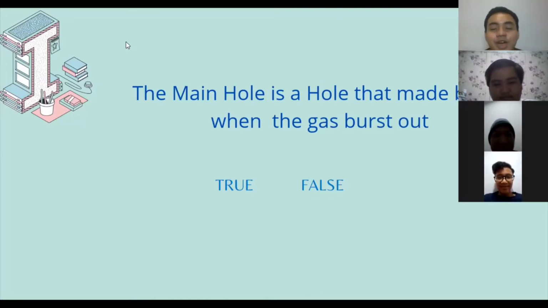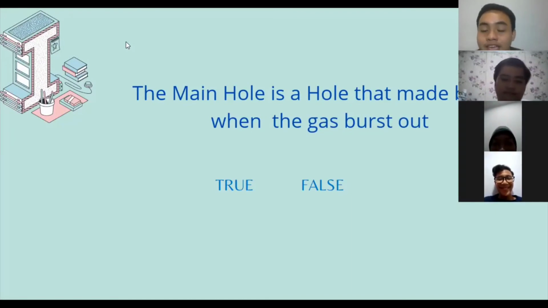Guys, listen to me. I will tell you why it's false. The reason why it's false is that the magma and the gas burst out at the same time and create a hole which is called the main hole.